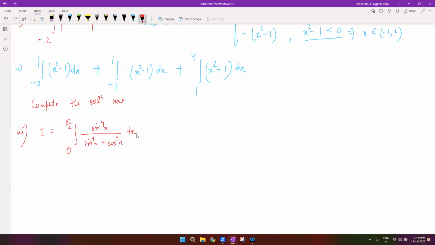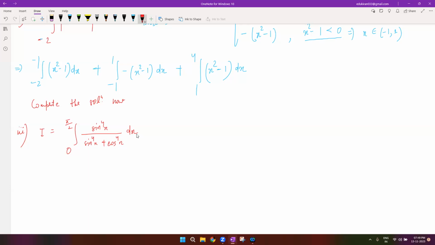It is from 0 to pi by 2. If the limits had been from minus pi by 2 to pi by 2, then we would have thought about 8. But right now, there is no point of using eighth property, because that is only valid when the limits are from minus a to a. So eighth is not valid. Now remains fourth and sixth.